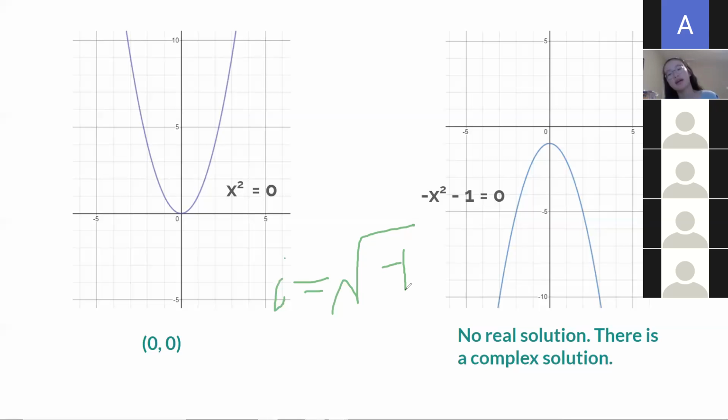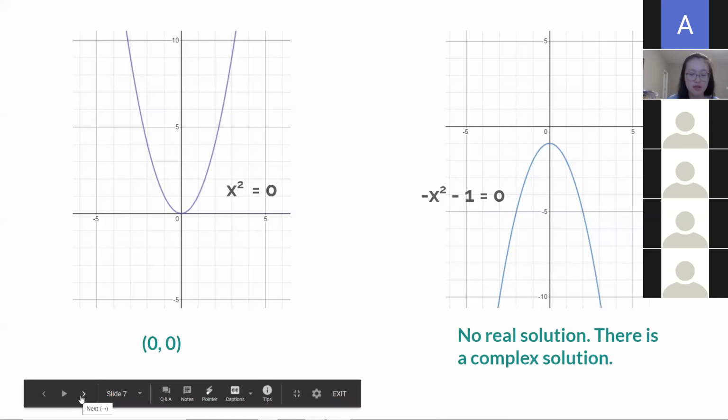The square root of -1 is not possible among real numbers, but mathematicians created it, and that's how we can find the solutions of quadratics that don't cross the x-axis, which is why their solutions will include some form of the square root of -1, or some form of i. If that didn't make sense to you, it's okay, because it's just something good to know, but you don't have to know it.